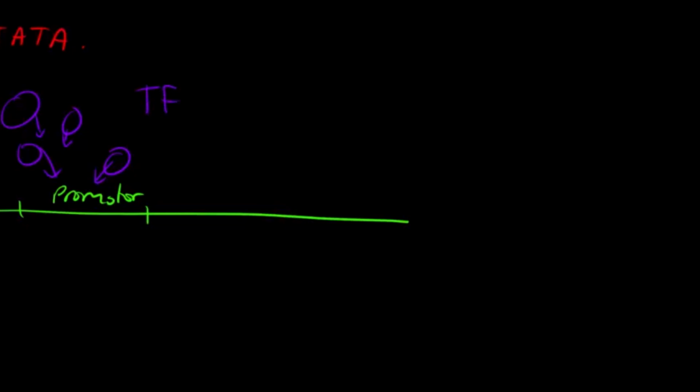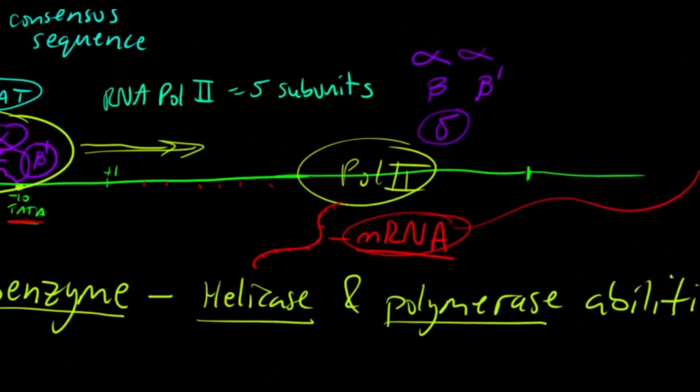Usually transcription factor A through J will bind and recruit the polymerase 2 in order to begin the transcription process. And I made a mistake back here, sorry. The holoenzyme is not polymerase 2, it's just RNA polymerase. Sorry, in prokaryotes there's just one polymerase that does everything.